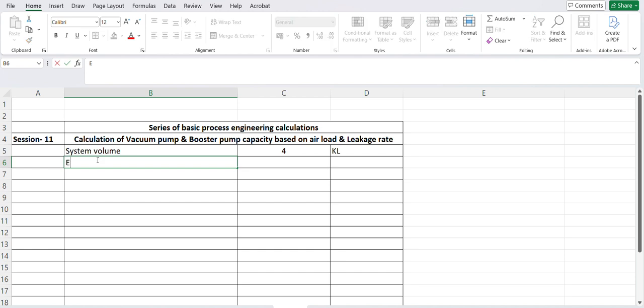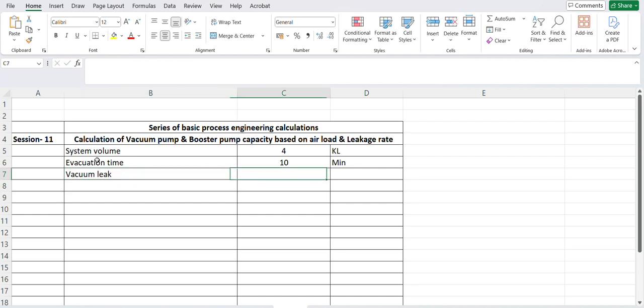Then we need the evacuation time, which is the time in which we expect to achieve the desired vacuum required for the process. Then we have the vacuum leak. Here we have 90 torr of vacuum leak.